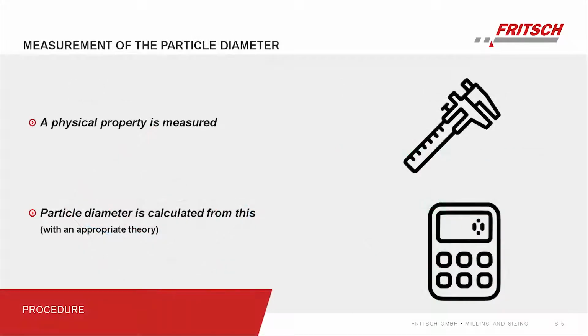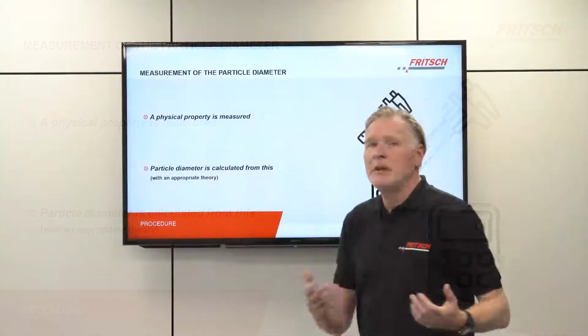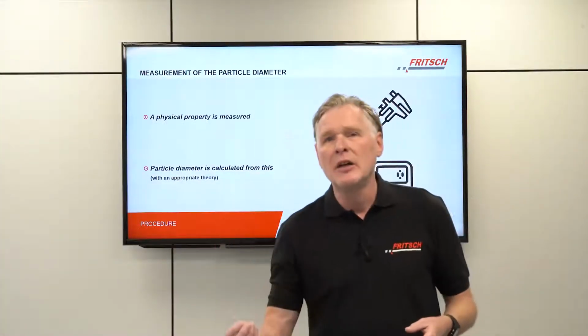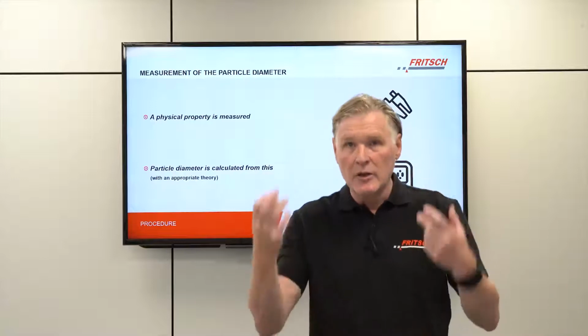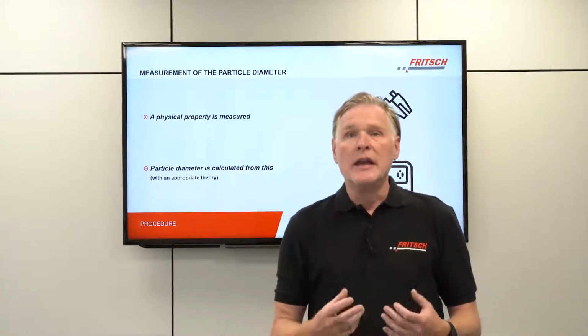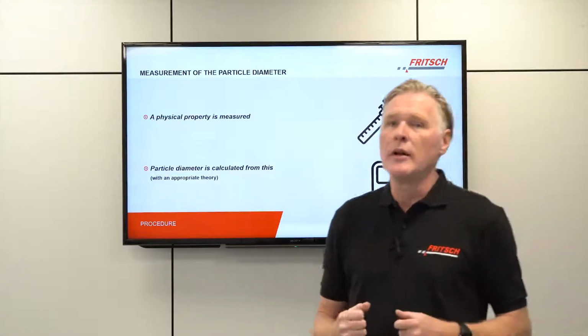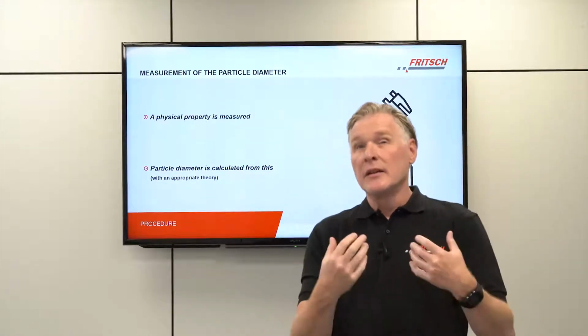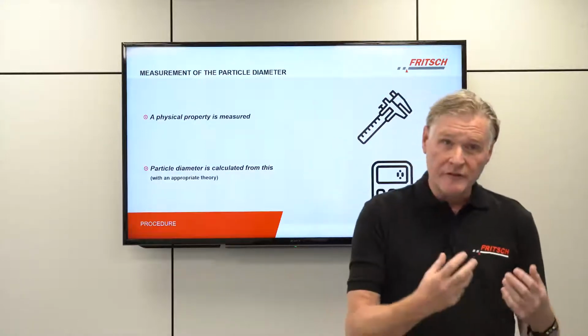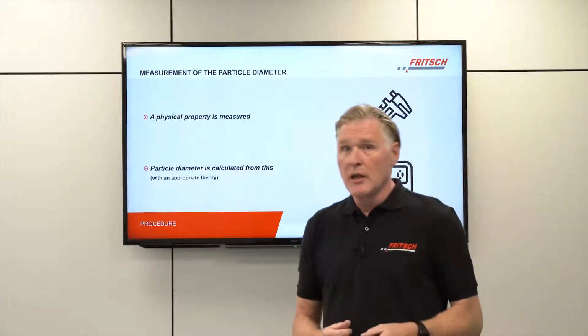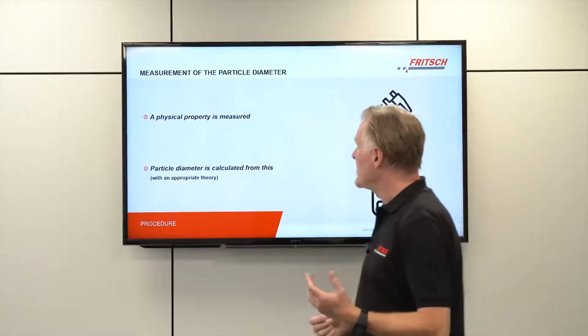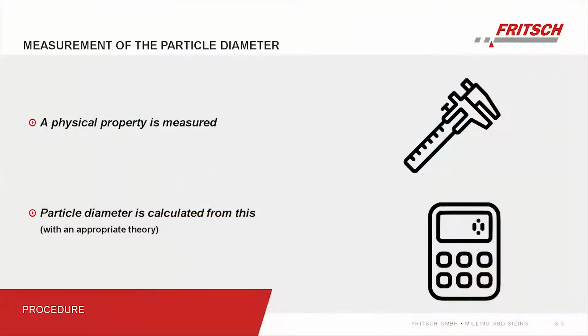Typically we measure a physical property, and this can be, for example, the sedimentation speed of particles in a liquid column, or the attenuation of a sound wave traveling across a sample. From this physical property, we then calculate the particle diameter distribution using an appropriate theory.